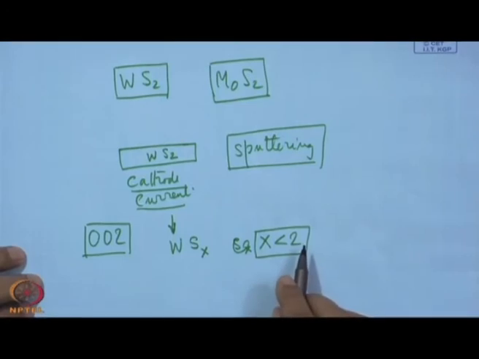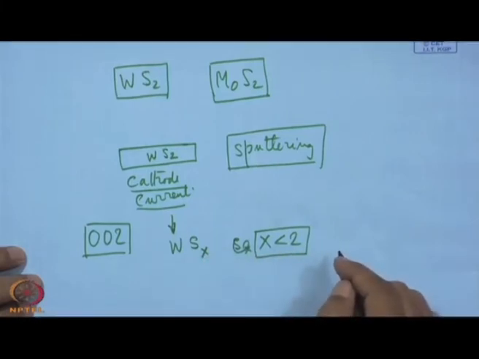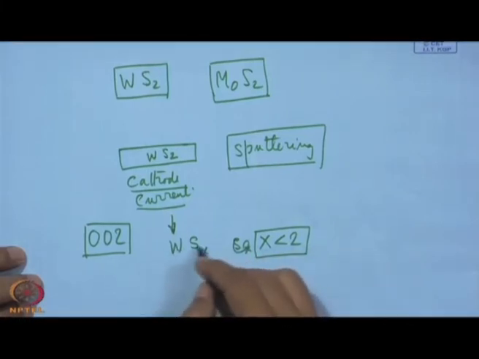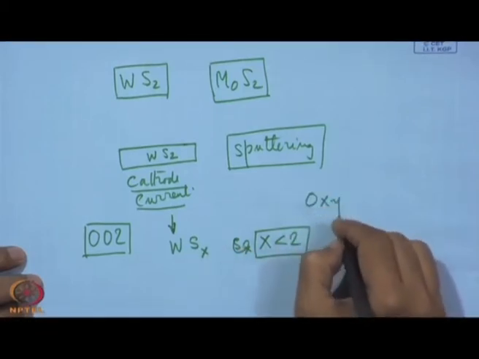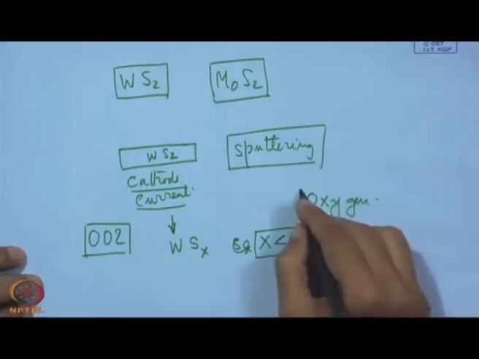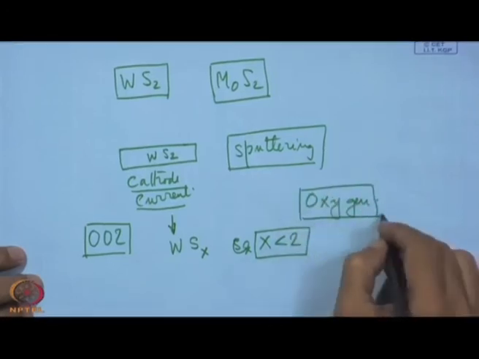But one thing we must also take into consideration is that if the value of x is too low, then this place will be occupied by oxygen, and that will be counterproductive.